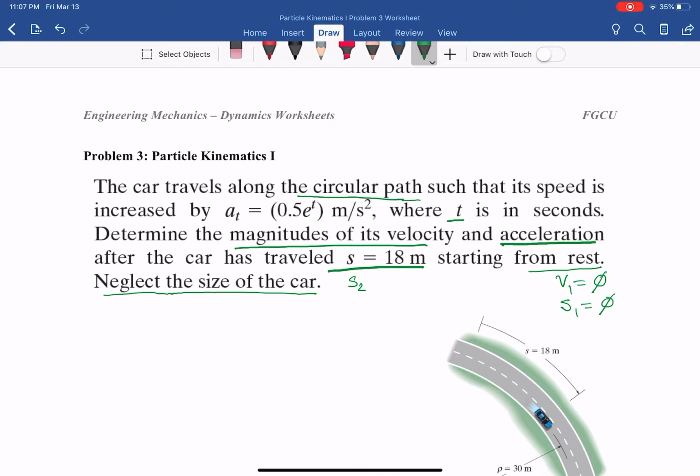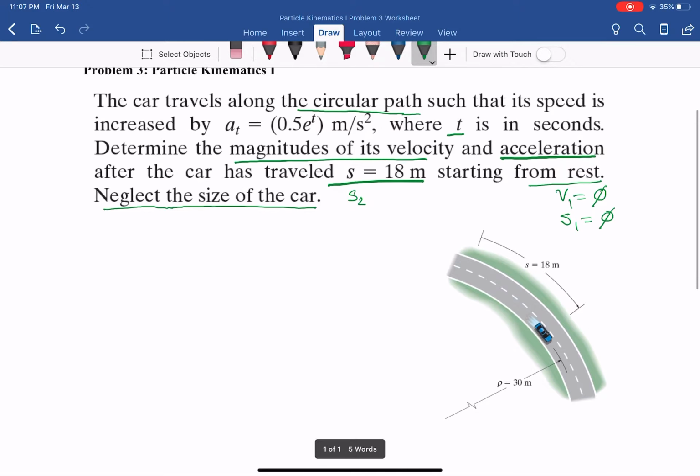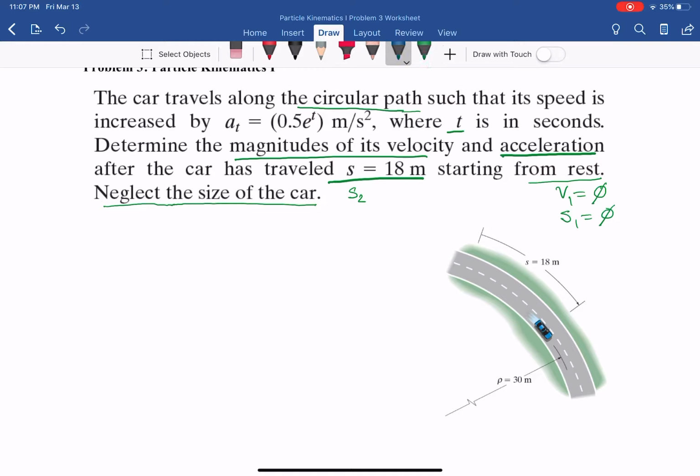So like the previous 2 problems, we can start with the acceleration at equal to 0.05 e^t. You can see there. And because t is about time, we can use it directly without any transformation.